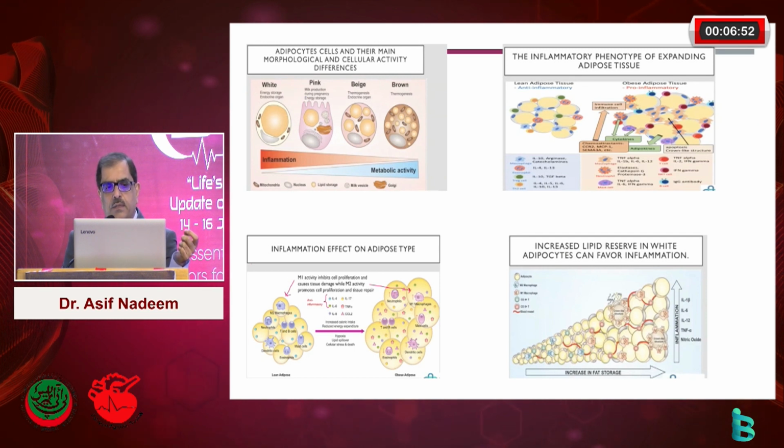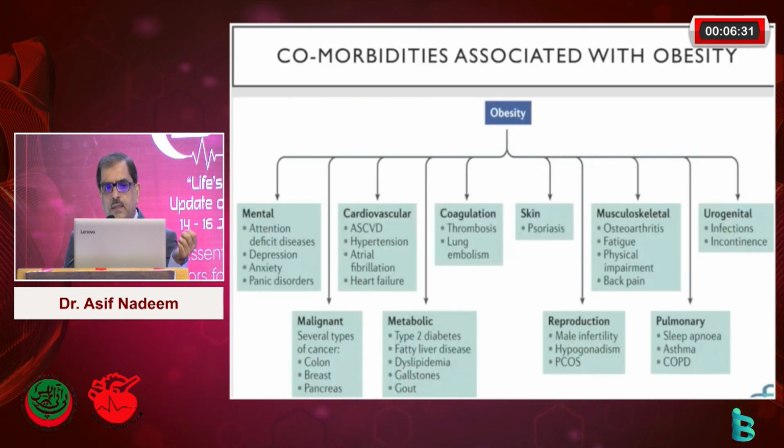White fat is metabolically active and there is more inflammation. Brown fat we see in infants and young children, and it is stable. In the lower end of the slide, you can see that as the adipose tissue increases, it increases the inflammatory biomarkers, and then this leads to the problems.